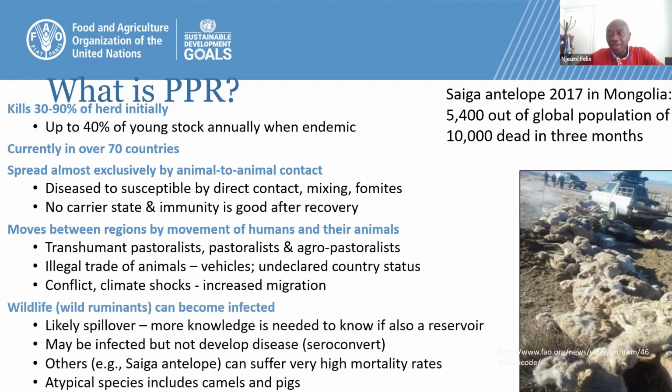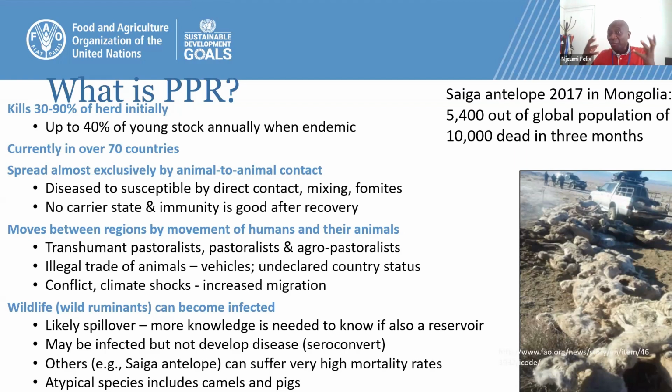But more importantly, one of the first lessons learned, the take-home message, is that PPR has an impact on the wildlife community, and therefore on biodiversity. For example, when there was the first outbreak of PPR in Mongolia, almost 60% of the endangered saiga population died.